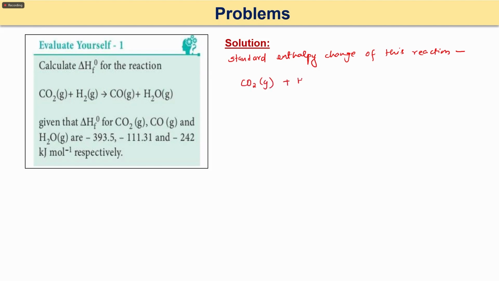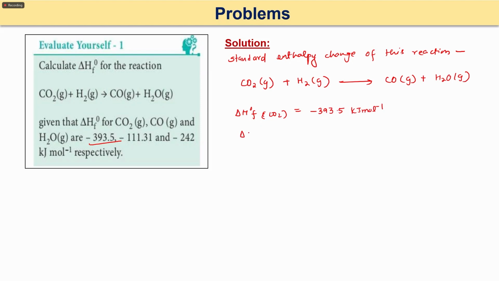Here they have given that carbon dioxide gas is getting reacted with hydrogen gas to form carbon monoxide gas and water. Okay, and they have given us the delta H naught F of CO2 as minus 393.5 kilojoule per mole.